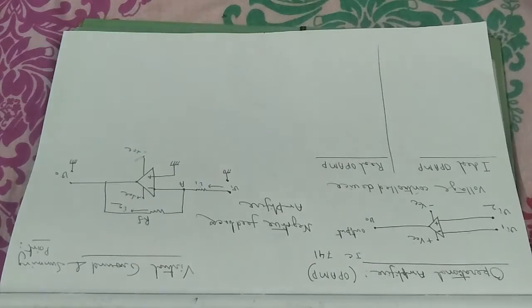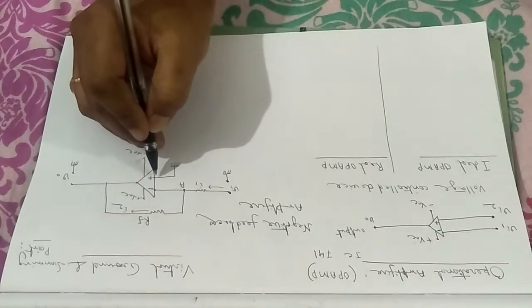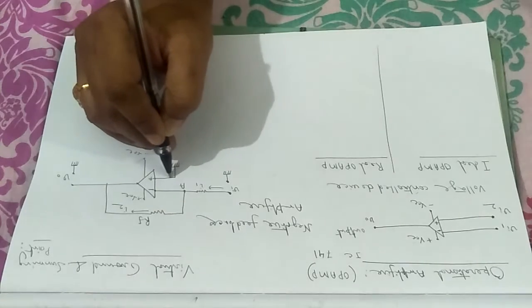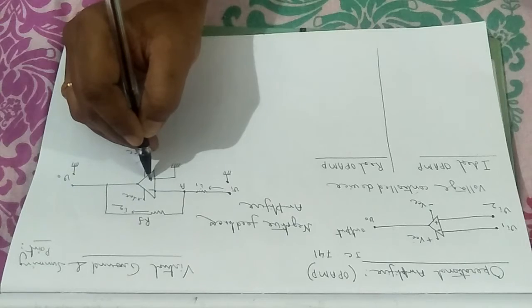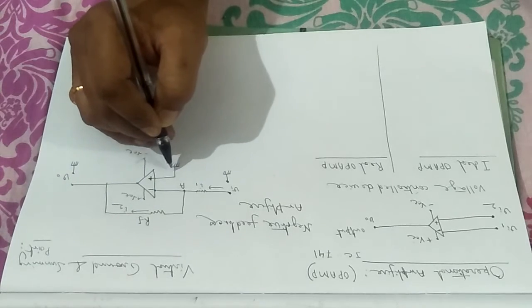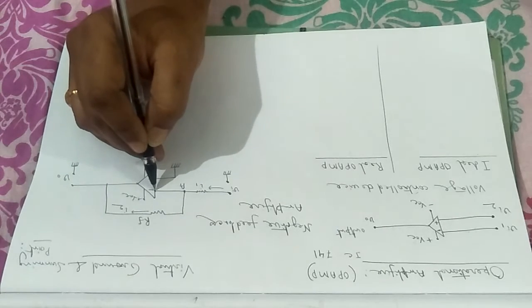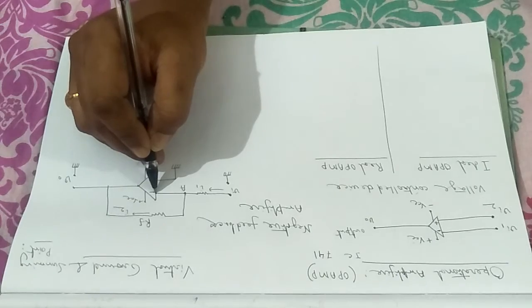The configuration of the op-amp inside is such. I am again repeating, if the non-inverting terminal, the plus terminal, is grounded, then it will appear that the inverting terminal is also grounded.